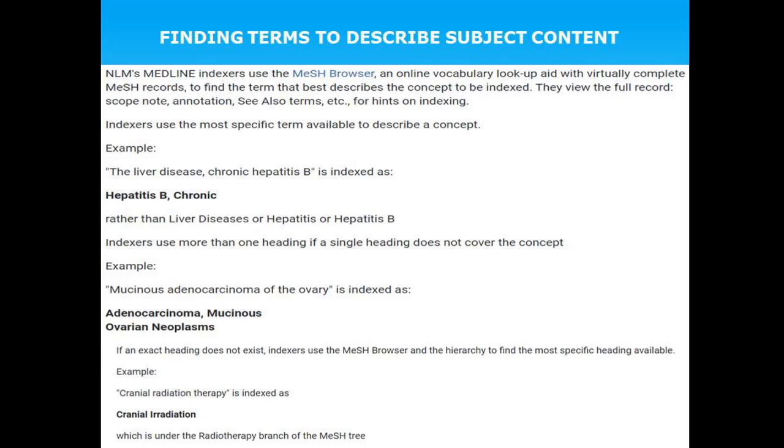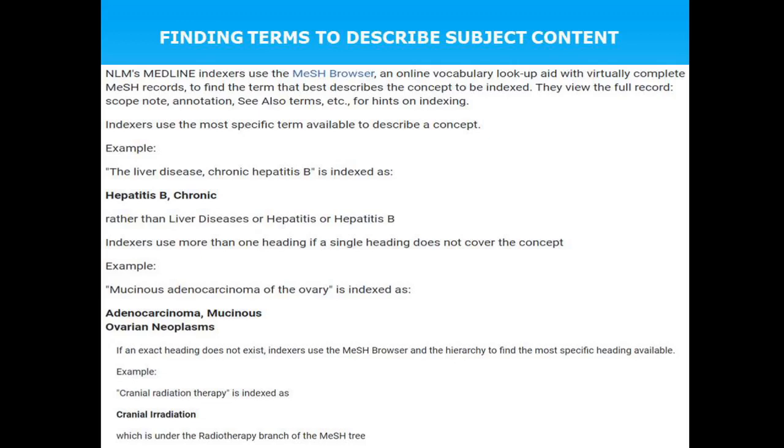If there is more than one heading, that means the indexer feels one heading alone does not sufficiently represent the whole document. There might be an interdisciplinary topic, or a combination of more than one concept in a title or in a subject. In that case, only one heading will not effectively represent it, so he has to combine more than one heading.